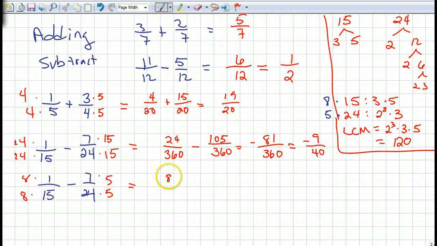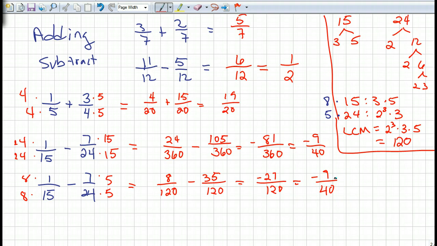So this will be 8 over 120 minus 35 over 120. Okay, so what's 8 minus 35? Negative 27 over 120. So if I were to reduce that, because they both are divisible by 3, it would be negative 9/40.